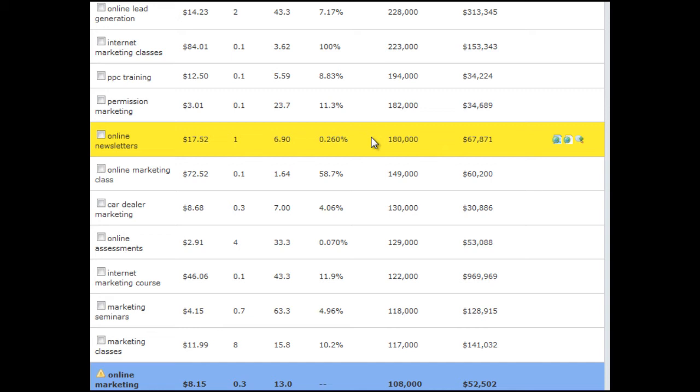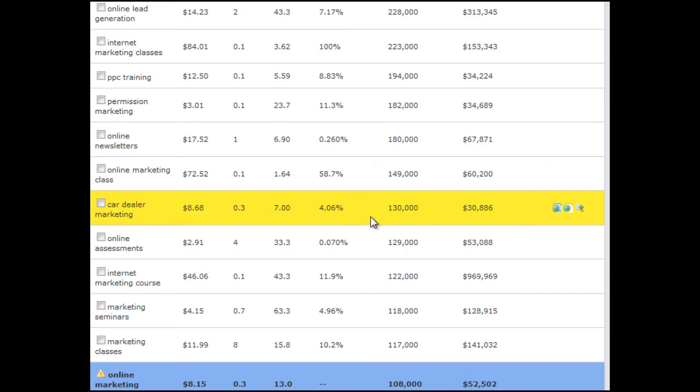So this screen only represents co-occurrence, but there are lots of other things going on in the background. So that might be why you end up getting a keyword like online newsletters on your screen.